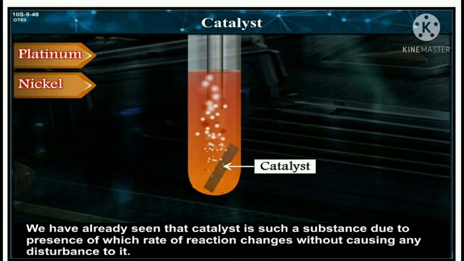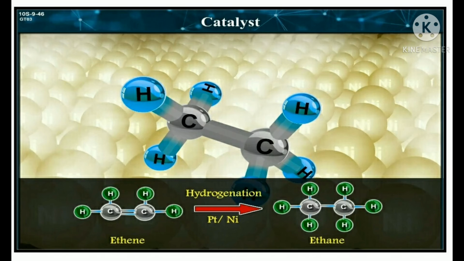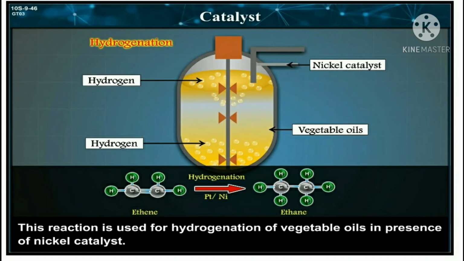We have already seen that a catalyst is a substance due to the presence of which the rate of reaction changes without causing any disturbance to it. Observe the reaction. This reaction is used for hydrogenation of vegetable oils in presence of nickel catalyst.